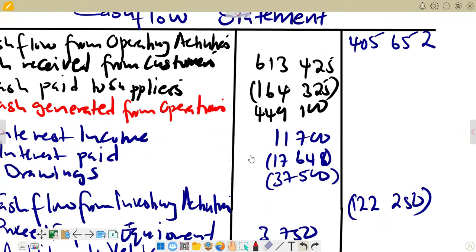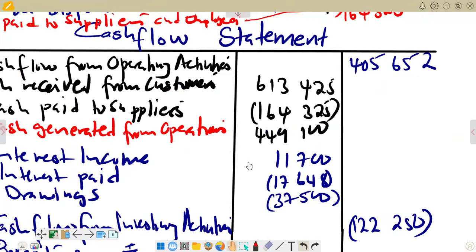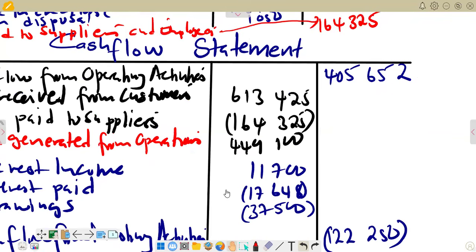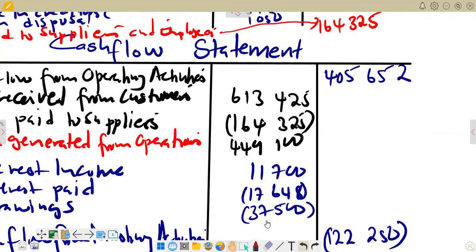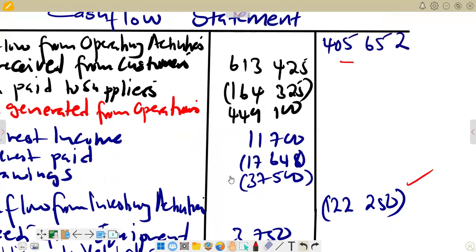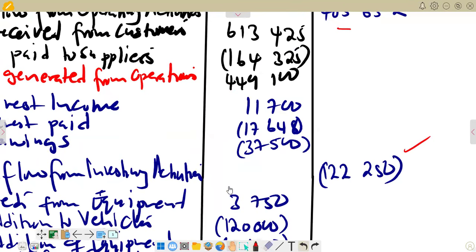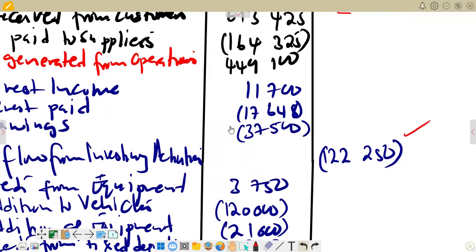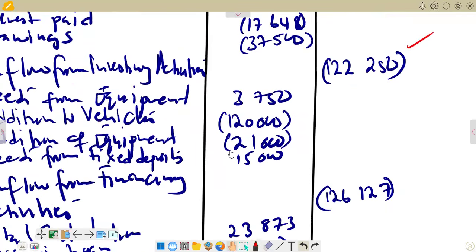So we are saying the figure that we have for operating activities, we have got a positive 405,752. Then we subtract the negative 122,250 for investing. Then for financing, we go and check again what we have. For financing, it's a negative again.